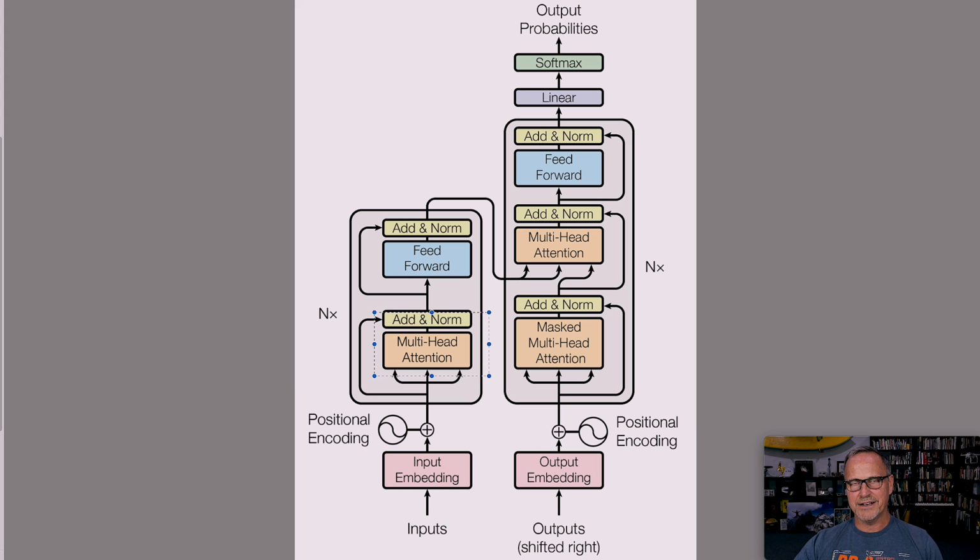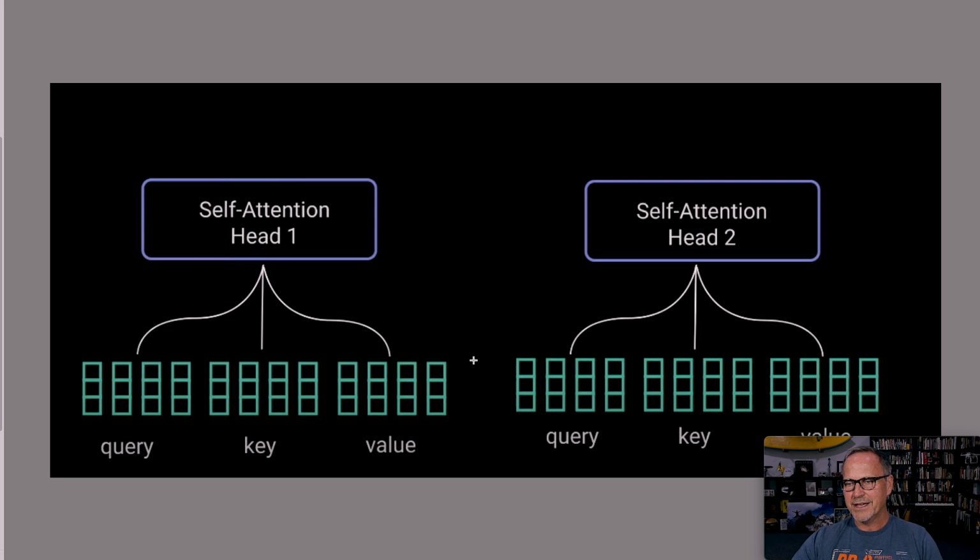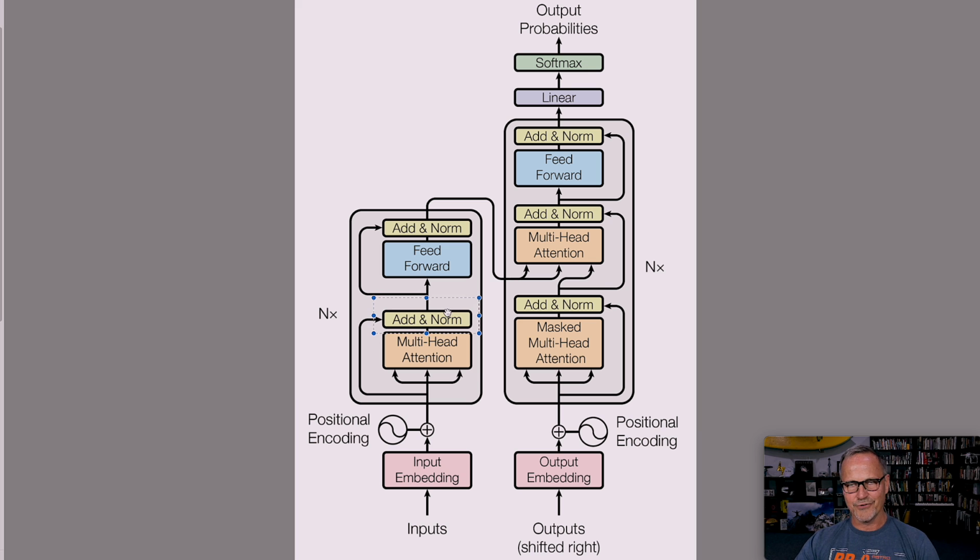And then the multi-headed attention part means that there are many, many attention matrices that you're using. This example just shows 2, but generally, I think 4 is kind of the common number to use. Basically, you don't just use one of these attention things, you do a bunch of them, and you initialize them randomly with random numbers. They all learn separately. And then in this step where it says add and normalize, you're aggregating these multi-heads together.